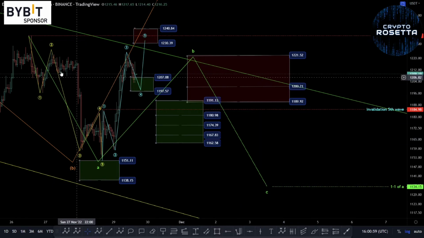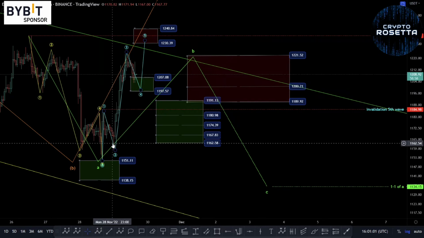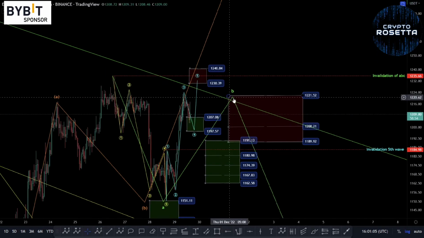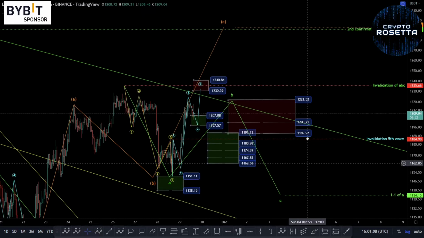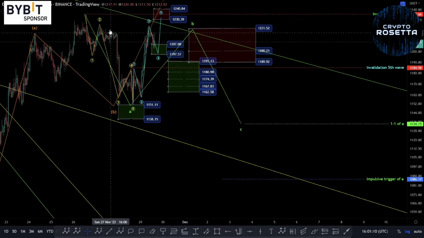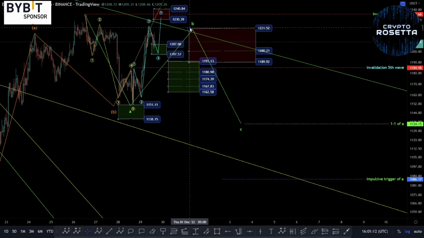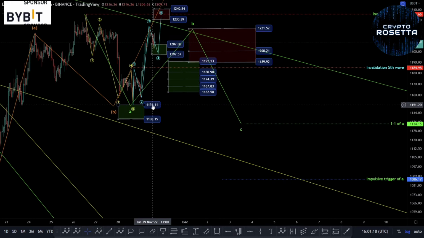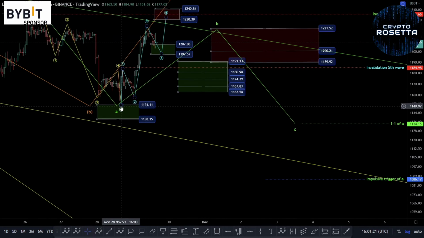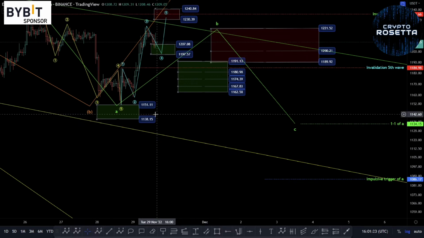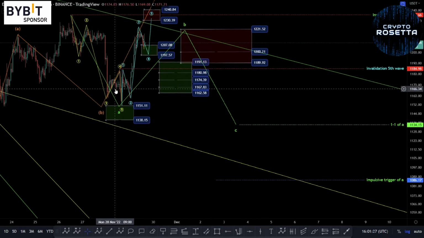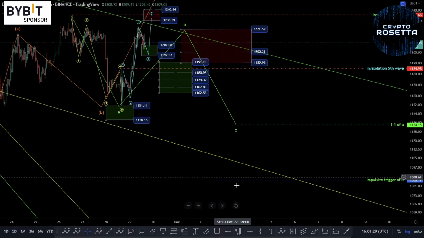If we move above there, we would then be able to confirm that this is part of the previous move, and then we'd look at the other analysis that we're going to have a look at now. If we do just start to roll over here, and this fourth and fifth fail to play out, and this move breaks down and we lose the lows at, I think it's 1,251, so 1,151, then we would be looking at potential for this to break down.